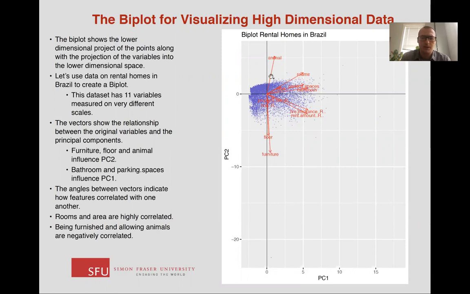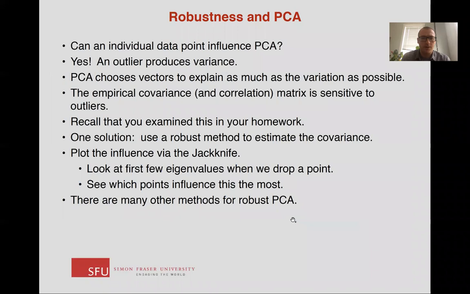The reason is that these are nearly parallel to the second principal component, which is over here on the vertical axis. Likewise, things like bathroom and number of parking spaces were nearly parallel to the first principal component.